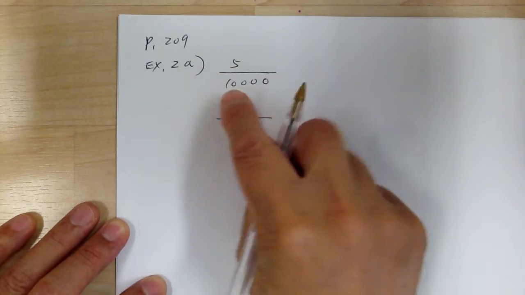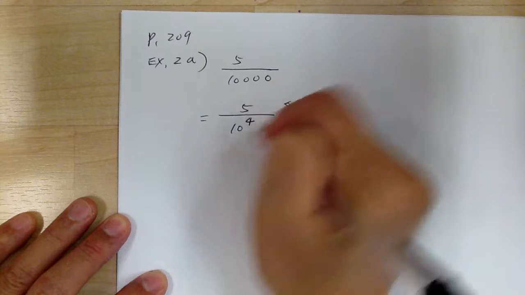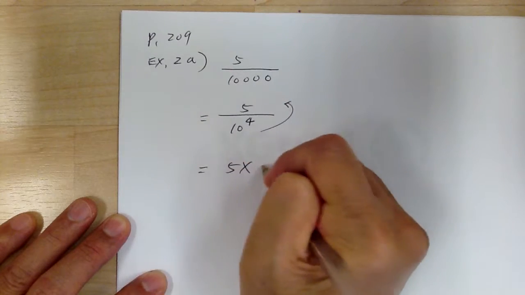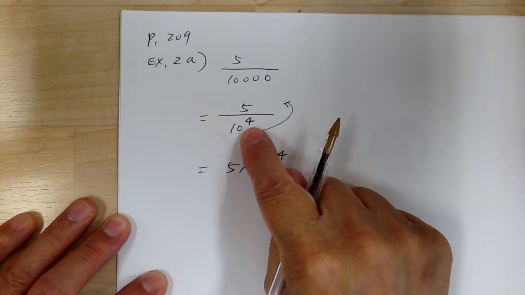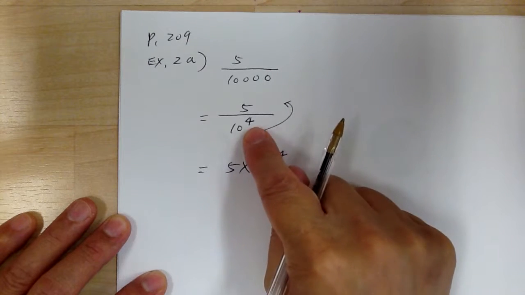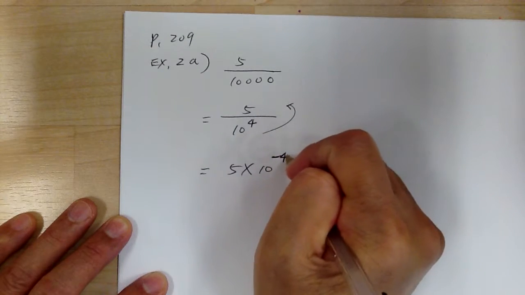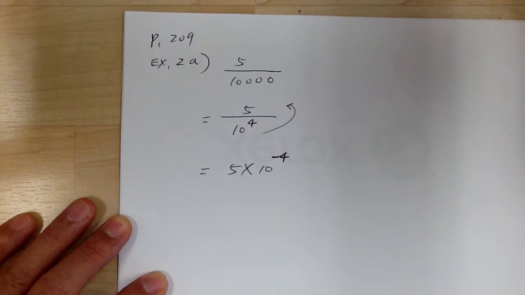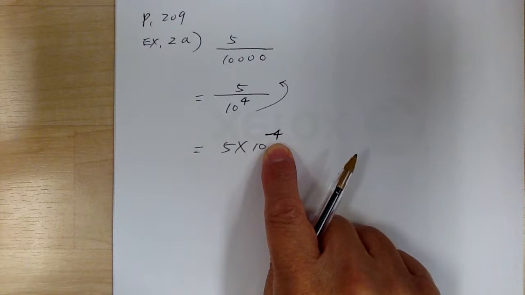So this is equal to 10 to the 4. And then you flip this to the top. So this becomes 5 times 10 to the negative 4. Again, when you flip over, the sign on the exponent changes. Right now it's positive. So when you flip over to the top, it becomes negative. Every time you flip over, the exponent's sign will change.